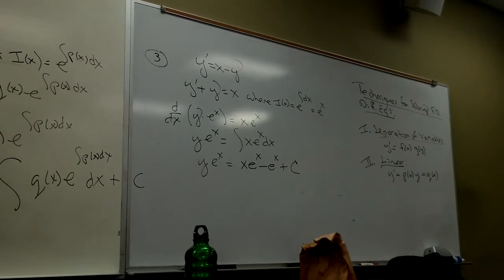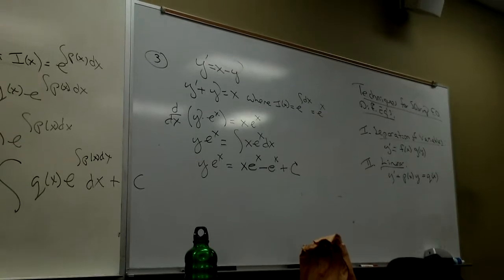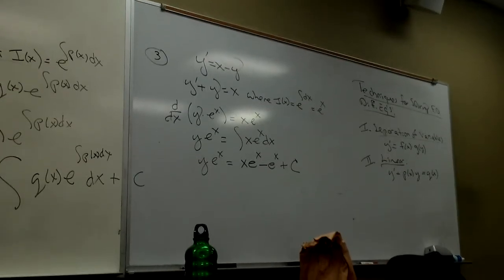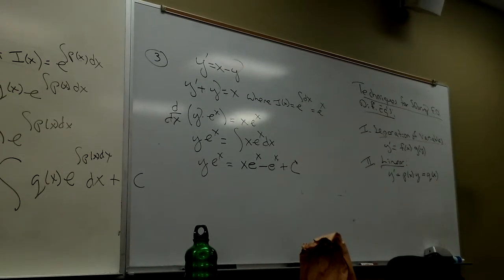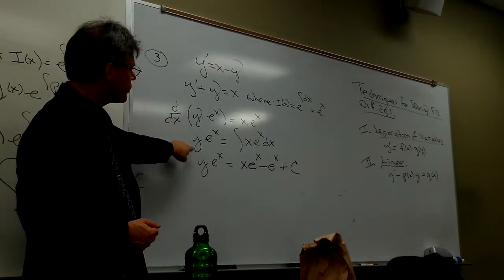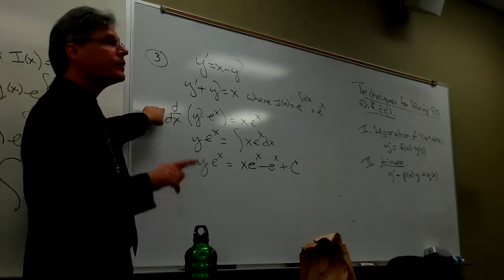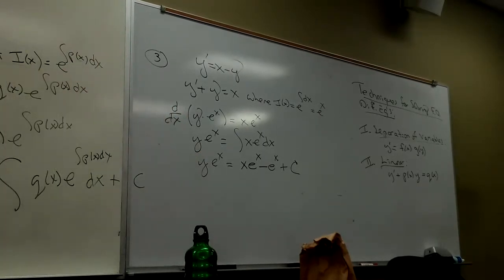I get this, but this is where I was arguing a moment ago, that what you see above this black brace is the result of differentiating the product. So when I went from the second line here to the third line here, I skipped a lot. I went from here to there.